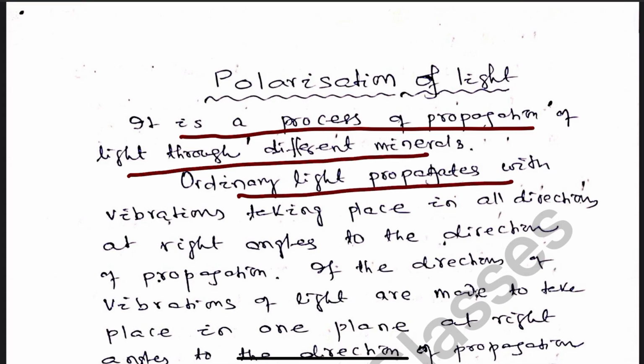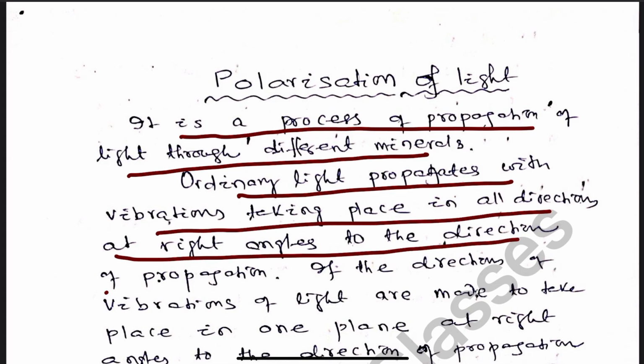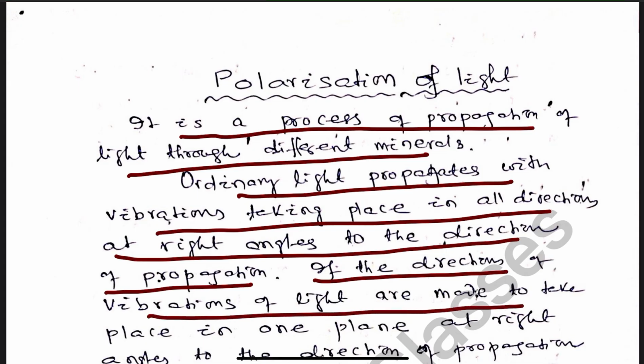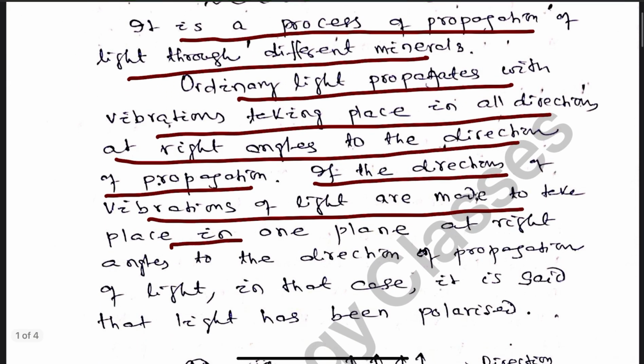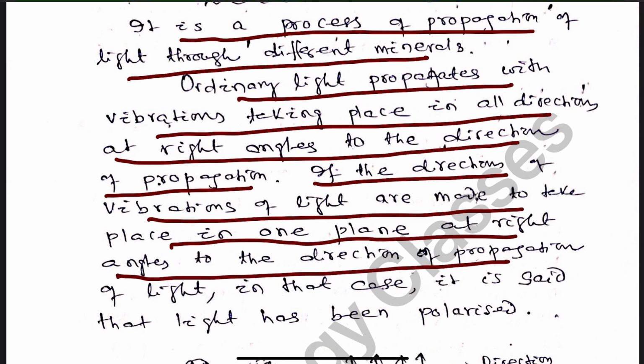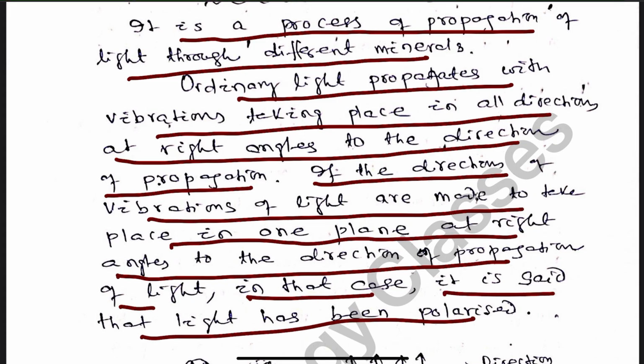Ordinary light propagates with vibrations taking place in all directions at right angles to the direction of propagation of light. If the directions of vibrations of light are made to take place in one plane at right angles to the direction of propagation of light, only in that case is it said to be polarized.